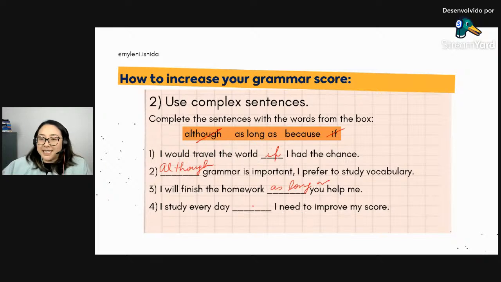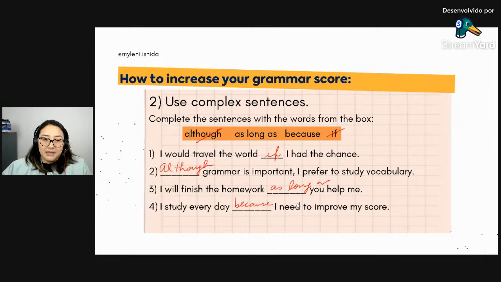I study every day because I need to improve my score. That's it. So when you study this kind of linking words, this kind of subordinating conjunctions, you increase your score in your test. Okay? This is valid for writing and for speaking as well.